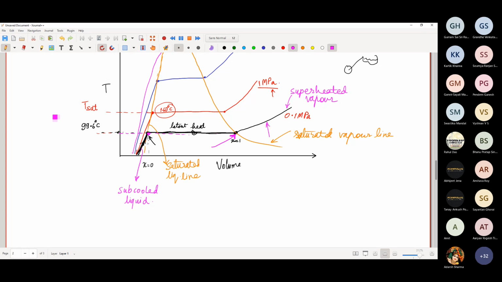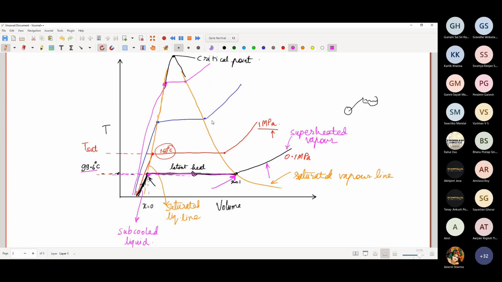Because anything at this temperature is saturated. So it is only this curve which resides inside this orange dome. Yes? Yes, sir. The curve that resides inside the orange dome is the saturation line.